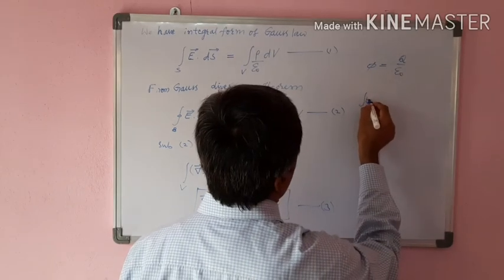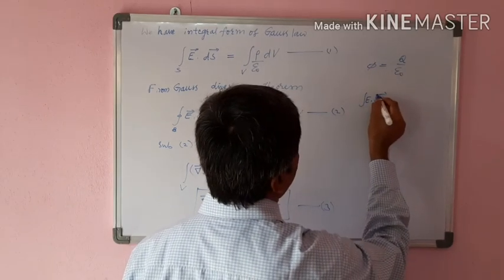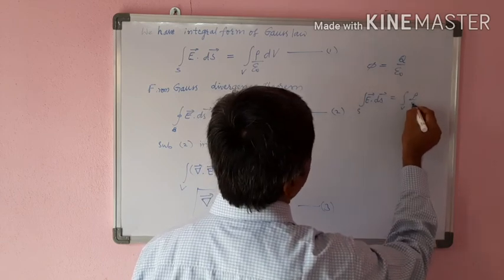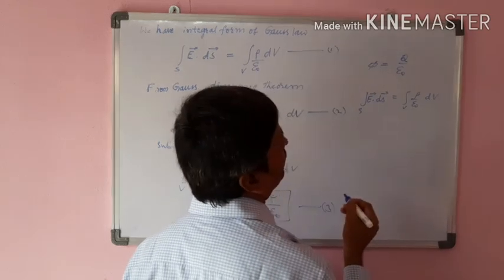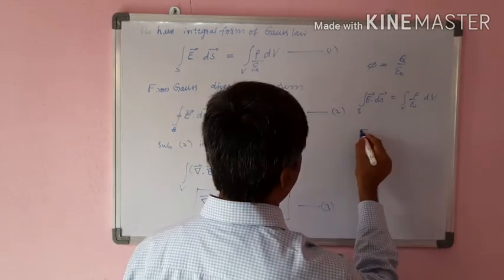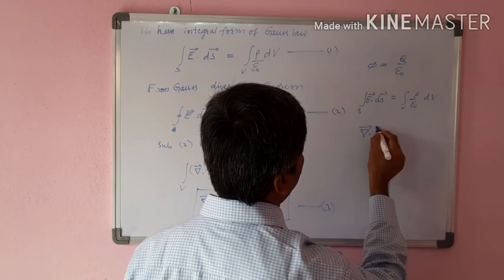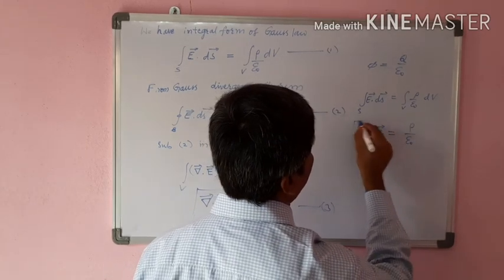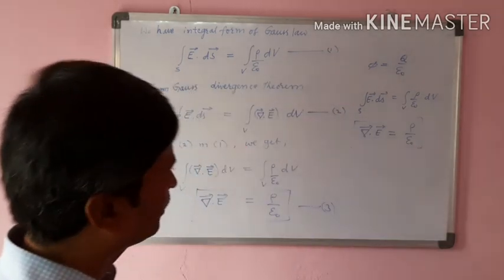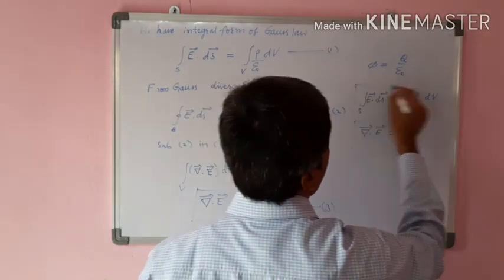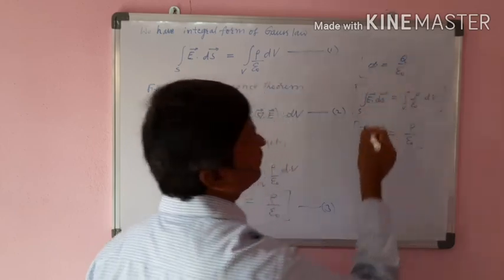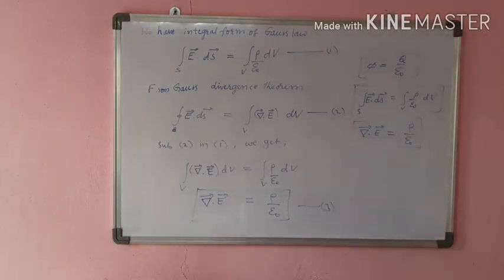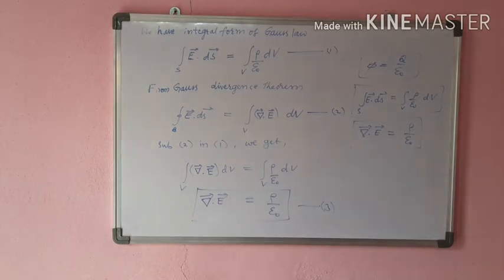Number 2, surface integral of E dot ds is equal to volume integral of rho by epsilon naught into dv, and number 3, del dot E is equal to rho by epsilon naught. This we can understand, right? This is the general definition, and this is the integral form, this is the differential form. These are the 3 different forms of Gauss law in electrostatics.